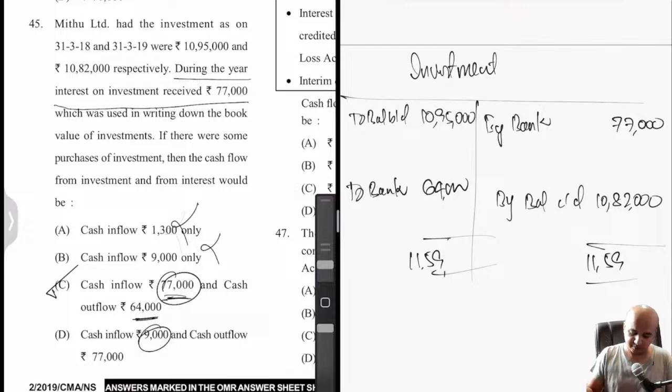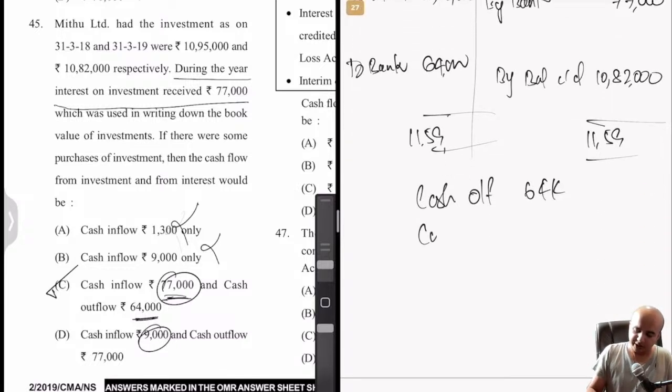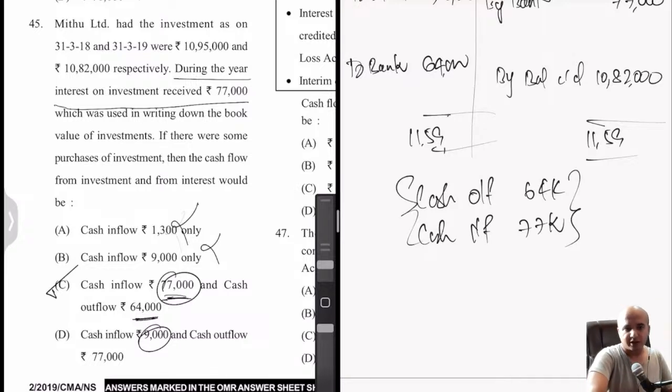Sorry, inflow. Why not? What is this? Investment is coming in, but cash is going out. Sorry, cash outflow. Cash outflow would be 64k. Cash inflow would be 77k, which we have already selected. I hope that's easy. If you have any doubts, let me know.